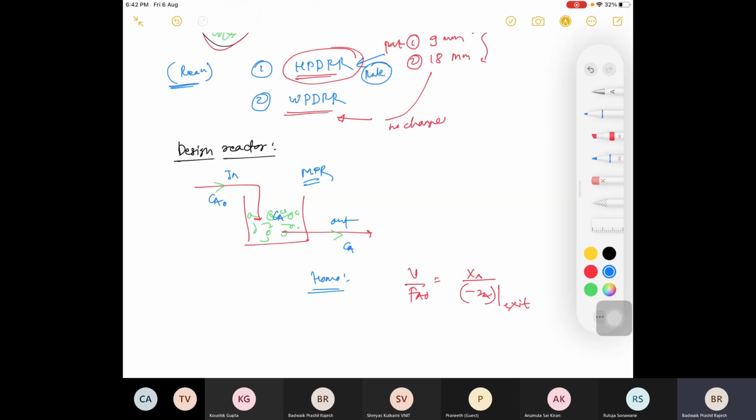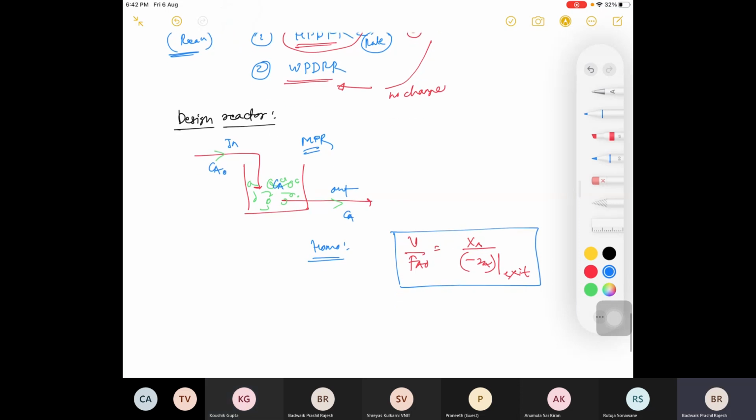Should I integrate it? No, sir. Why? Because the concentration is the same inside and outside. That's why I'm not integrating it. I'm not taking a small portion or small differential volume and then integrating it over the length. So this is my case.